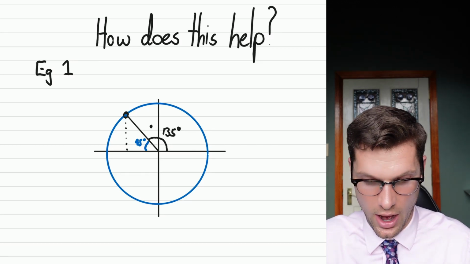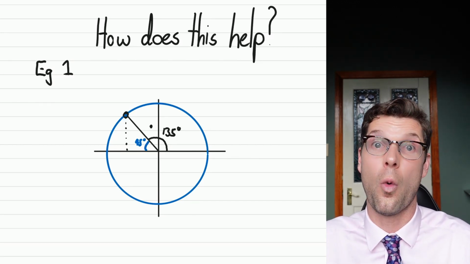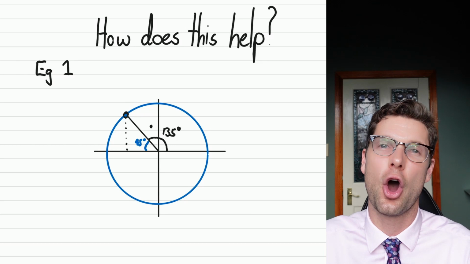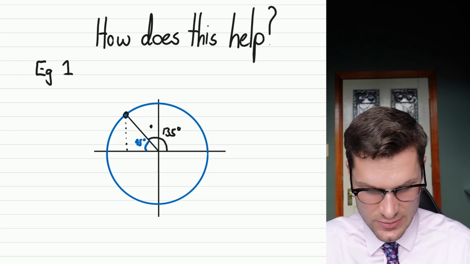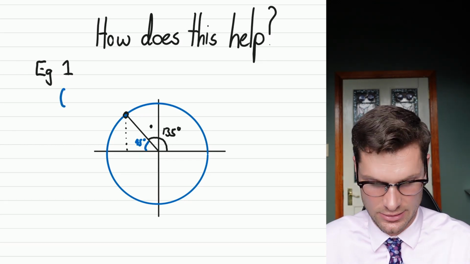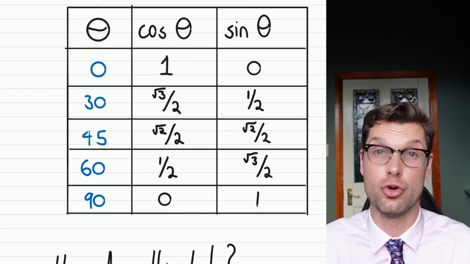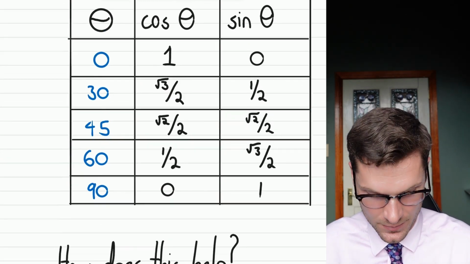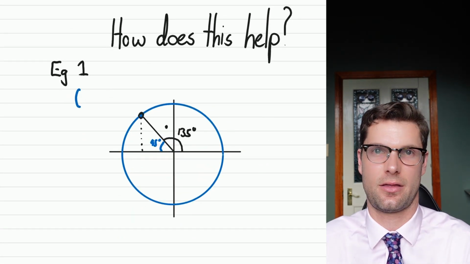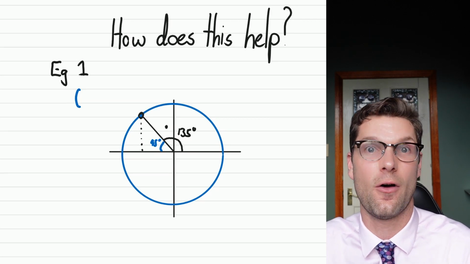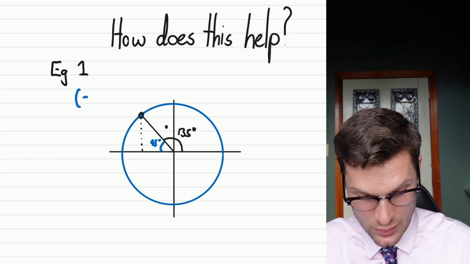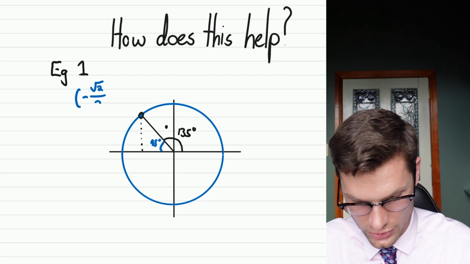So up here, I know that sine or the y is going to be positive and cos is going to be negative. So this point here, looking back at our table, 45 is root 2 over 2 for both of them. So the cos theta, or cos of 45 in this example, is going to be negative root 2 on 2.